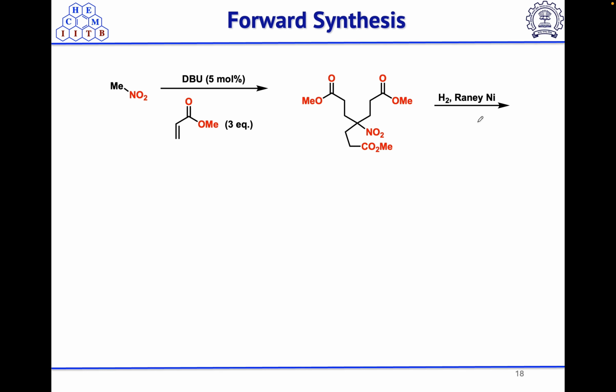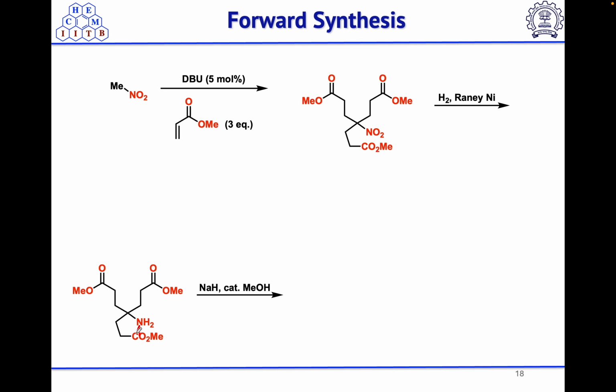Now your next reagent is H2, Raney nickel, right? It will reduce your nitro group to amine. Then, in the cyclization reaction with sodium hydride in the presence of catalytic methanol, what will happen?